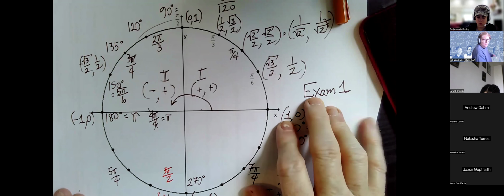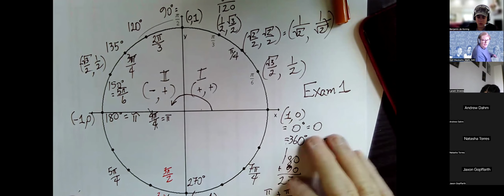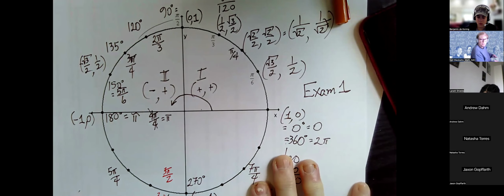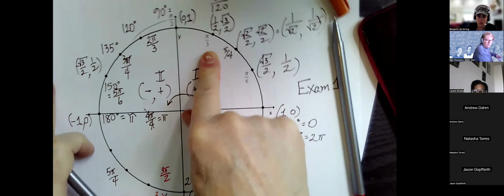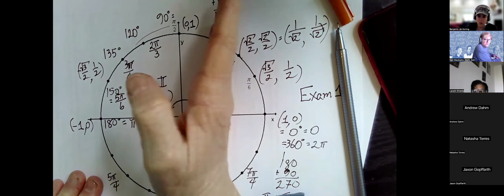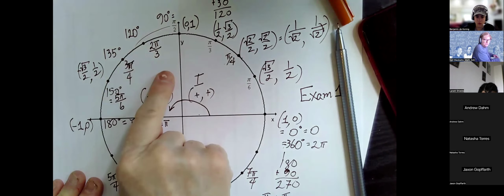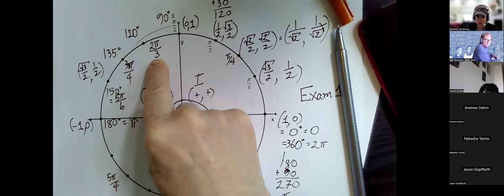Let's do that same thing to get all of the angles that are pi over 3s. So we have 1 pi over 3. And then if we go 60 degrees again, we end up with 2 pi over 3.